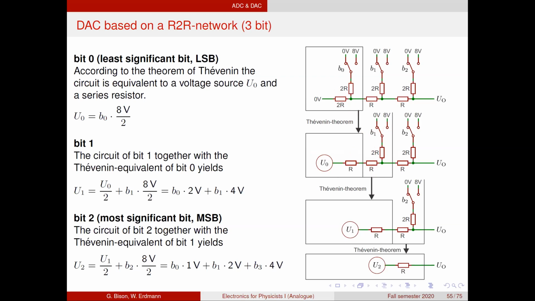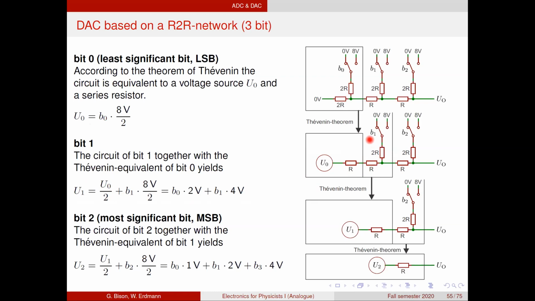Okay, now what happens if bit 1 is connected to ground? Then again, we have a voltage divider that gives us half of what we had at this point. So this is written down here. The voltage at the output of subcircuit 1 is half the voltage that we had in subcircuit 0.